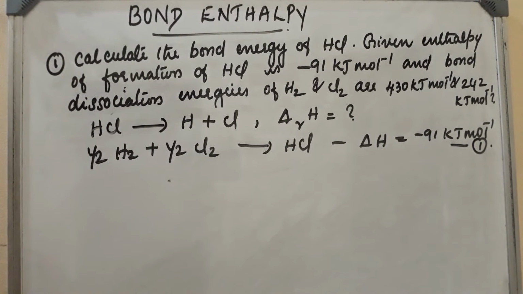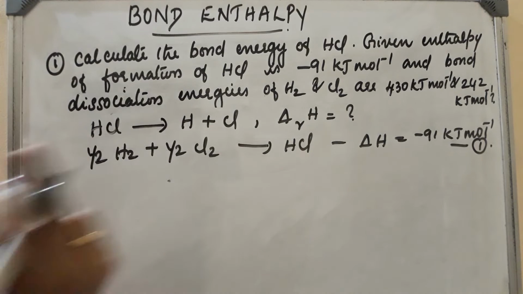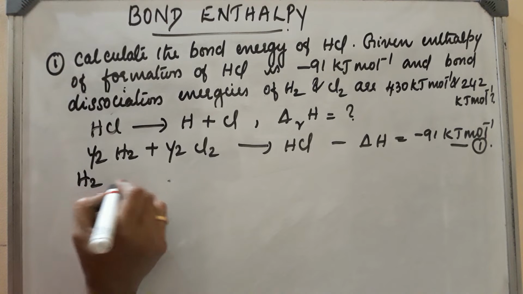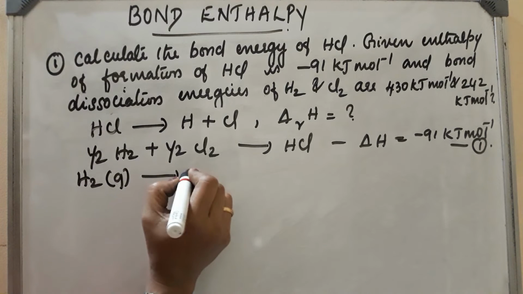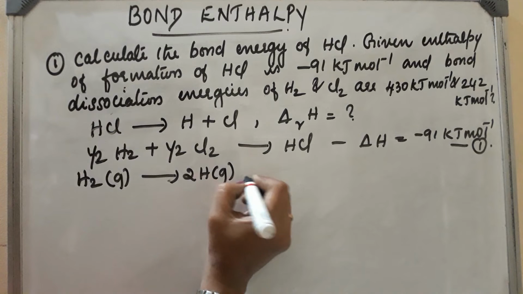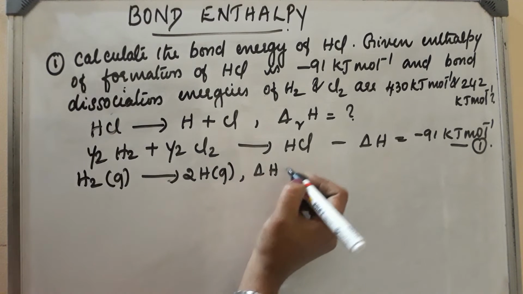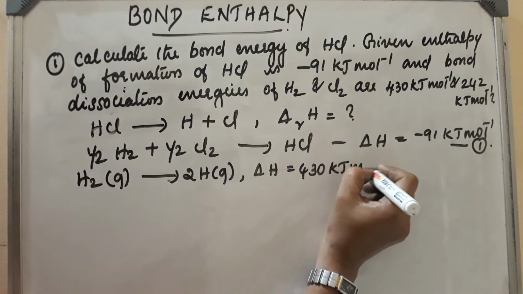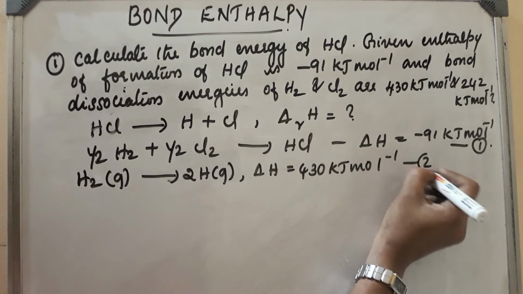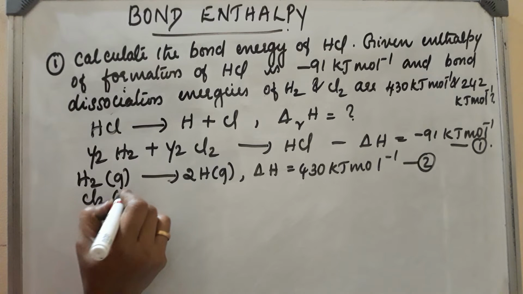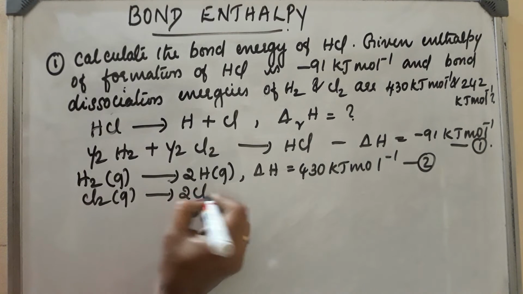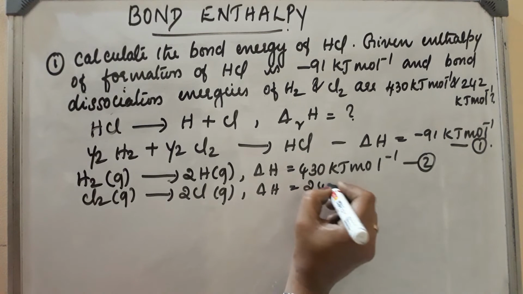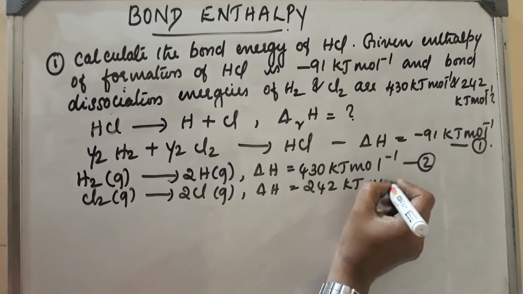Next, second equation, bond dissociation energies of H2 and Cl2 are given. That is H2 dissociates to 2H, delta H is 430 kilojoule per mole. This is second equation. Similarly, Cl2 gives 2Cl, delta H equal 242 kilojoule per mole.